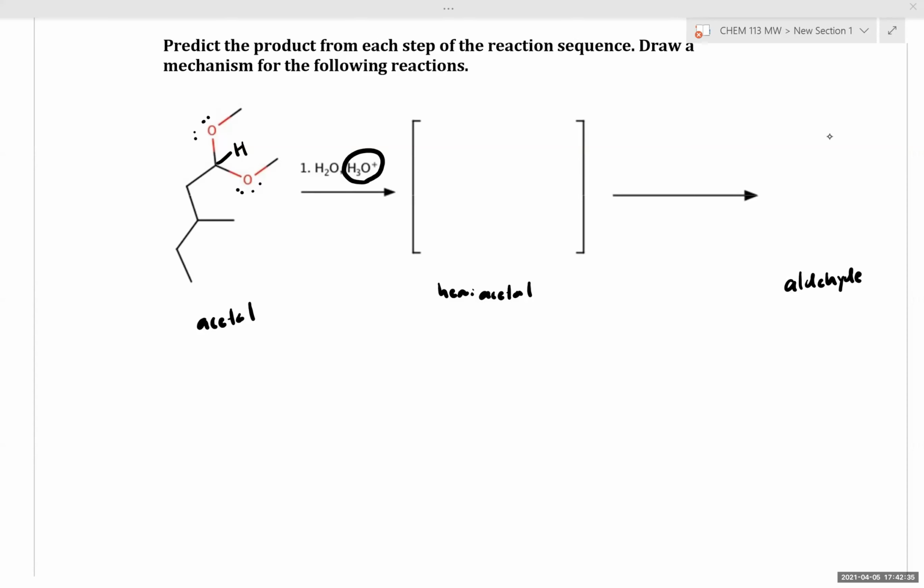One thing to think about: we're under acidic conditions. So what's the first thing that's going to happen if we have these basic lone pairs? Don't be shy to voice your proposed responses in the chat or verbally, or annotate directly onto the class whiteboard, and I'd be happy to provide input and feedback.